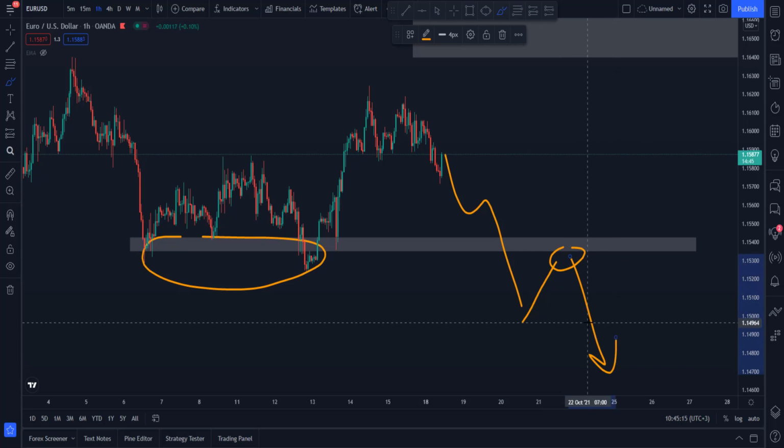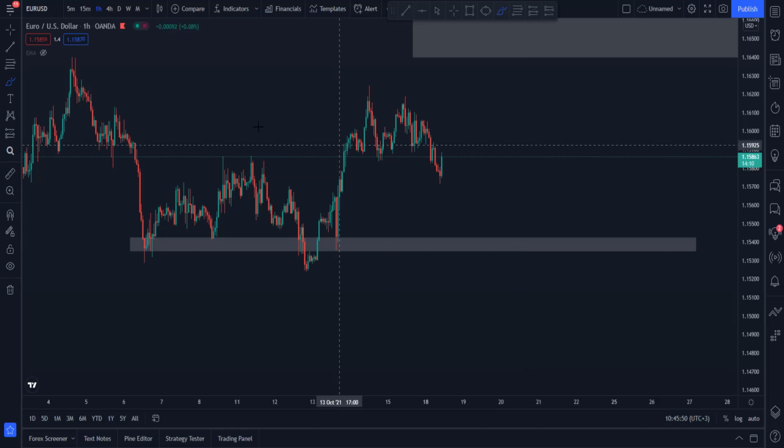Again, the 1.15 level will be the first support level at which I'm going to observe how price action reacts. If it breaks below and shows me signs of strength, I will then extend my take profit levels to further support levels down the road. That's basically what we're looking for, so hopefully that helps.